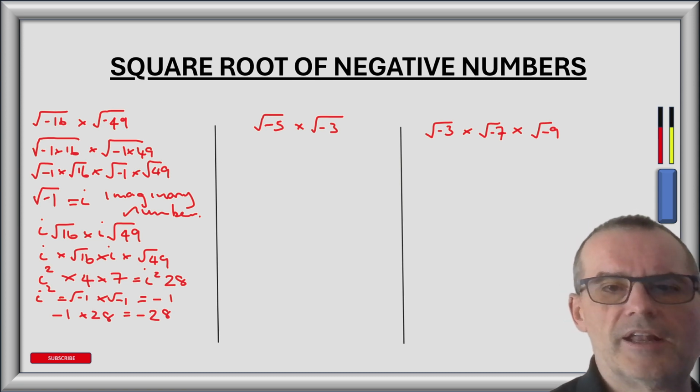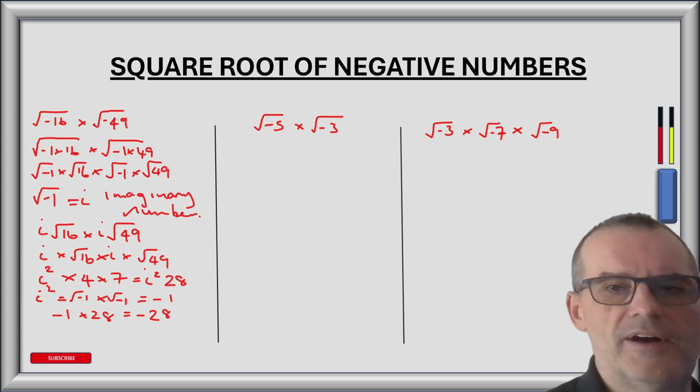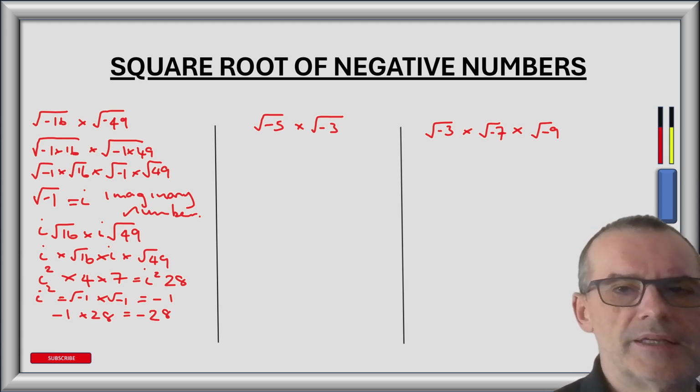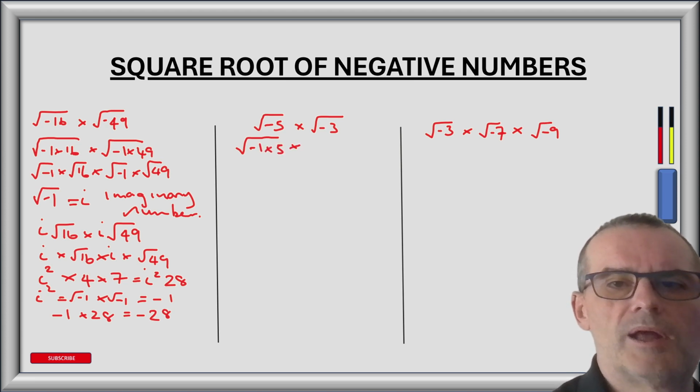So let's look at another example where we have the root of minus 5 multiplied by the root of minus 3. Again, we can break this down into factors where we have a minus 1 involved. So minus 5 is the root of minus 1 times 5, multiplied by the root of minus 1 times 3.